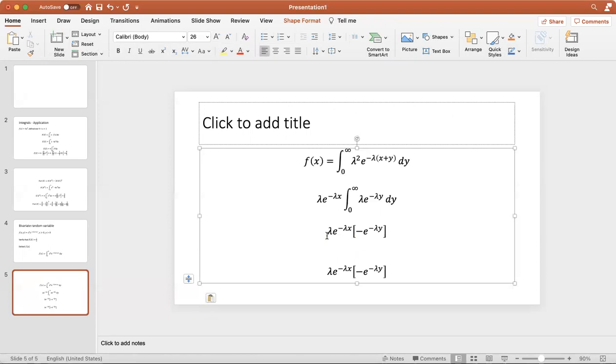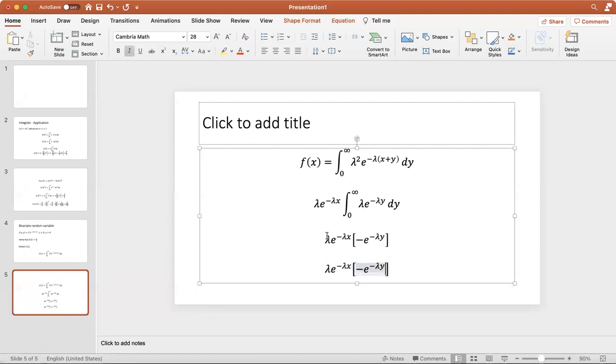And this expression is going to be equal to the limit, right? Since you have an infinity here, we're going to push this bracketed term towards infinity.